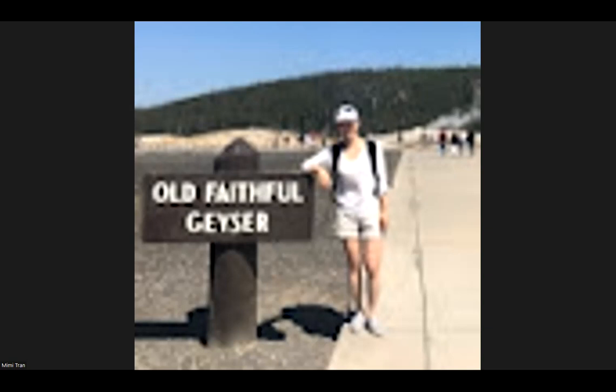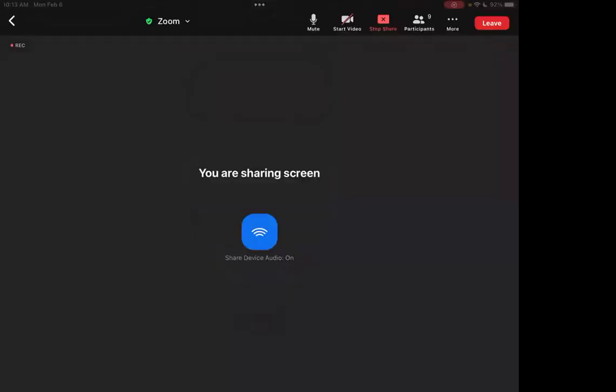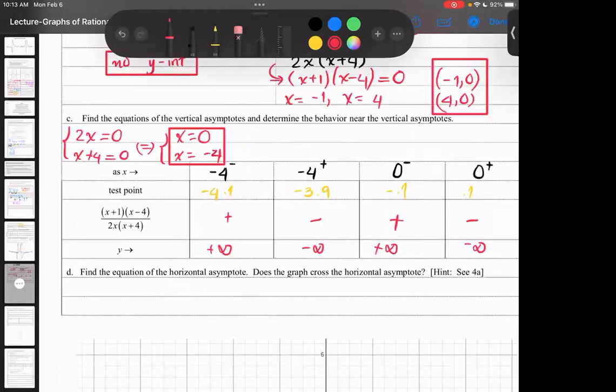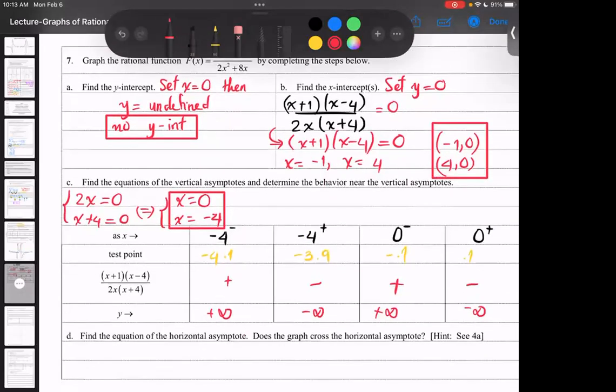Next, we're gonna find the equation of the horizontal asymptote. Leading term of the numerator divided by leading term of the denominator. Anyone got the horizontal asymptote yet?